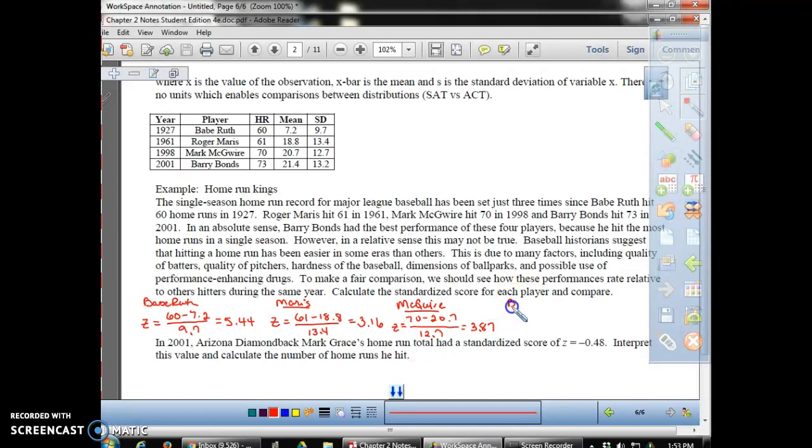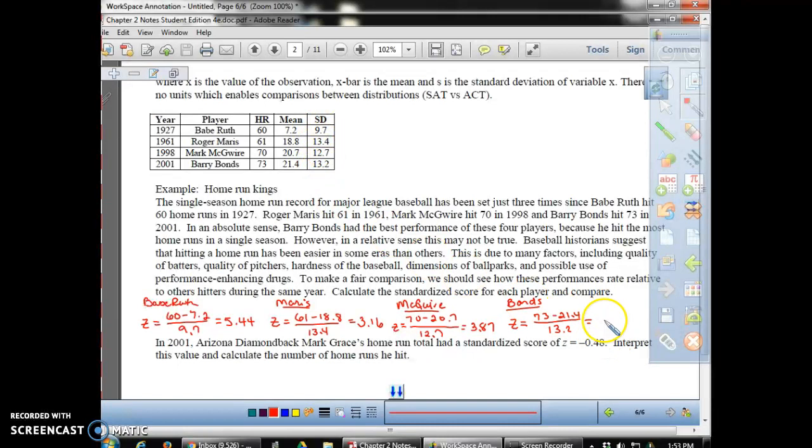And then finally Barry Bonds, who has the most home runs, had 73 for his observation, minus 21.4. So you can see as time progressed, definitely the average number of home runs hit in a single season increased. But there are also some changes in the standard deviation as well.